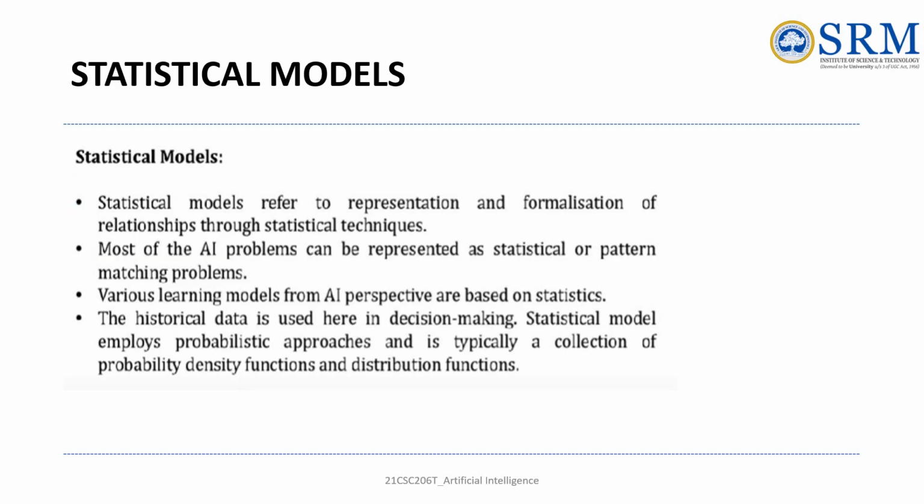And finally, the statistical models, the backbone of most modern AI. These are built on historical data, probability theory, and statistical inference. They are used to recognize patterns, for example, in images and speech, and to make predictions. For example, spam detection, performing classification so it categorizes emails, and aiding in decision making under uncertainty.